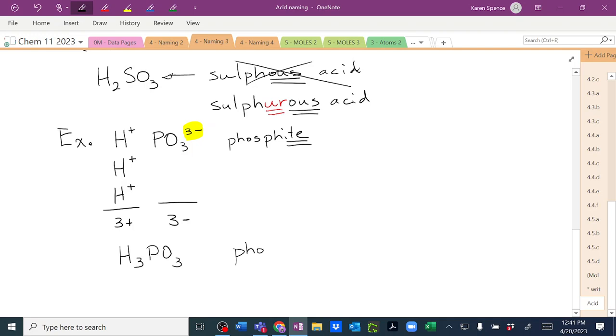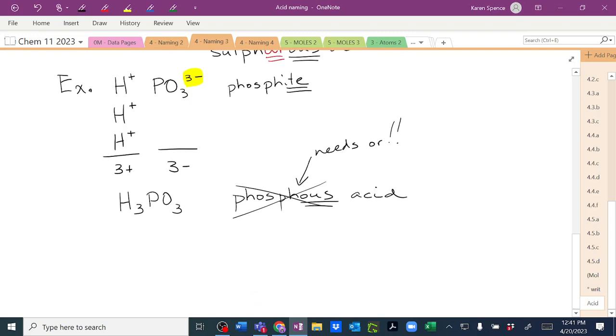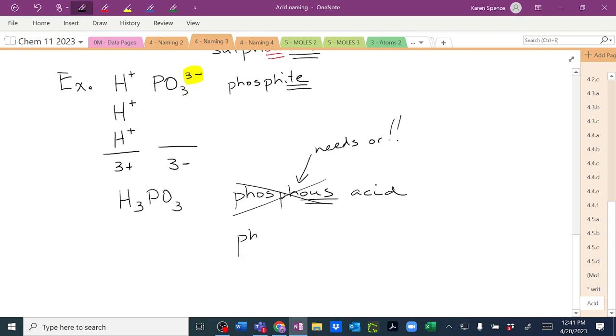So phos, ous, acid, except that, what did I forget? Yeah, this one needs or. So not phosphorous acid, but phosphorous acid with the or.